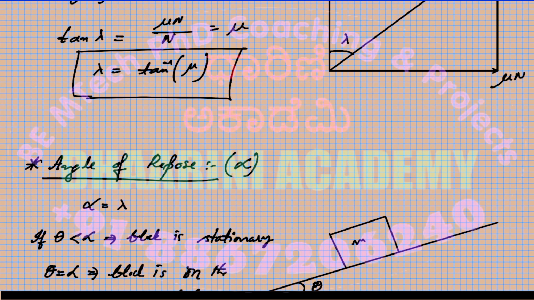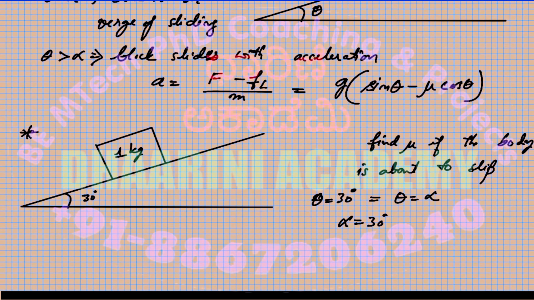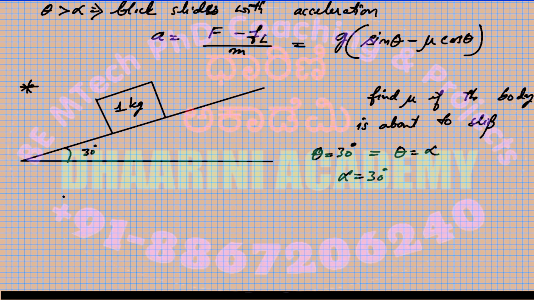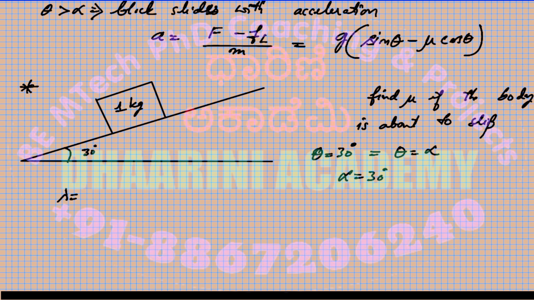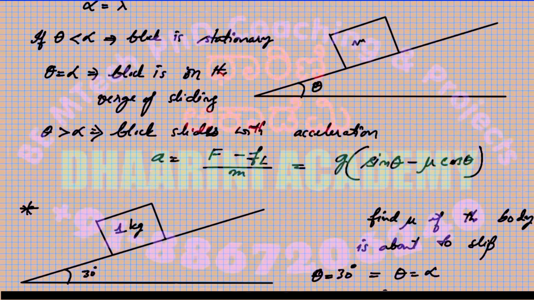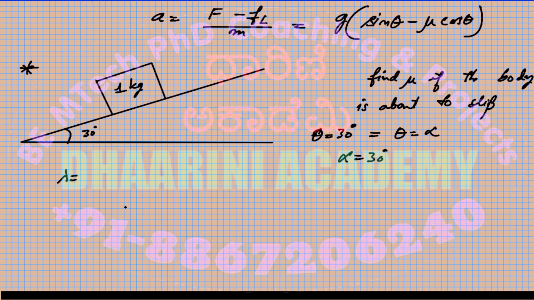So let's try to write that. For this given problem, alpha is equal to 30. But lambda is what I'm supposed to find. So you can see that lambda and alpha are the same. So I write lambda equal to alpha equal to 30 degrees.